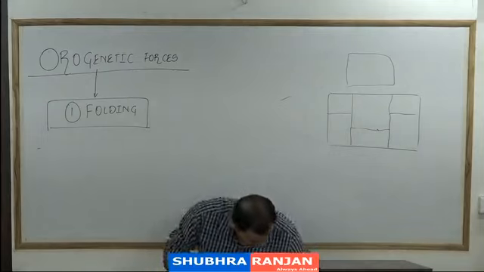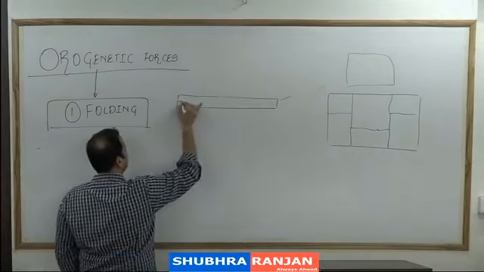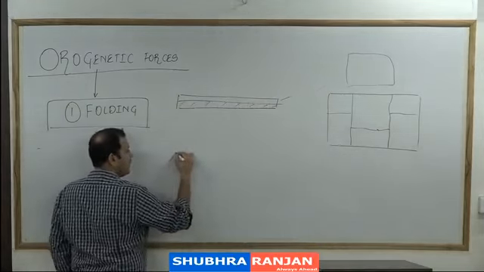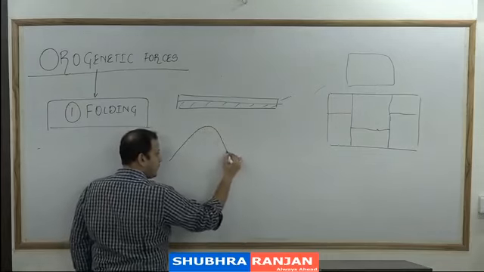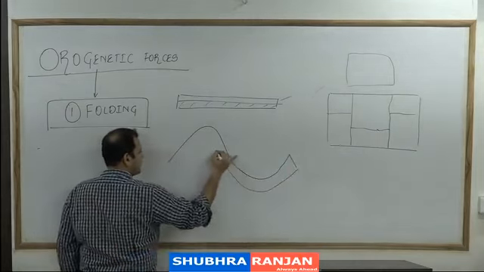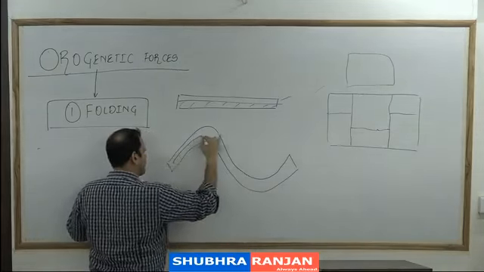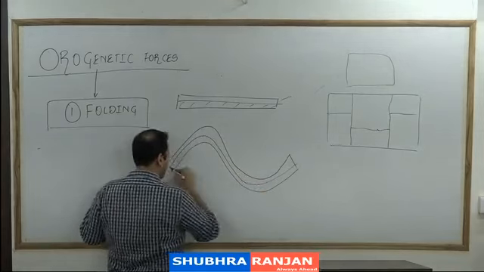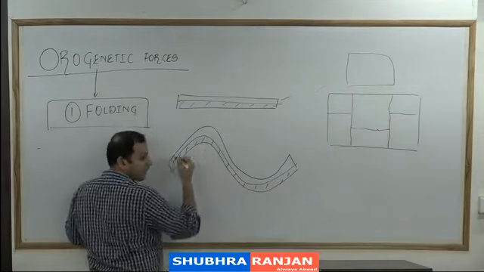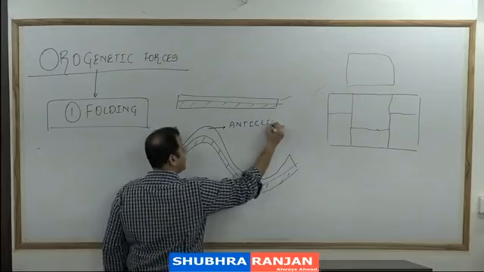Now when we say folding, suppose this is an original landform. Due to folding, the landform will be upwarped, and if the intensity is greater, the landform will also be downwarped. It looks like this because I am now pushing the landform. Now when such a thing happens, we call this a mountain, but in geography this is known as an anticline.